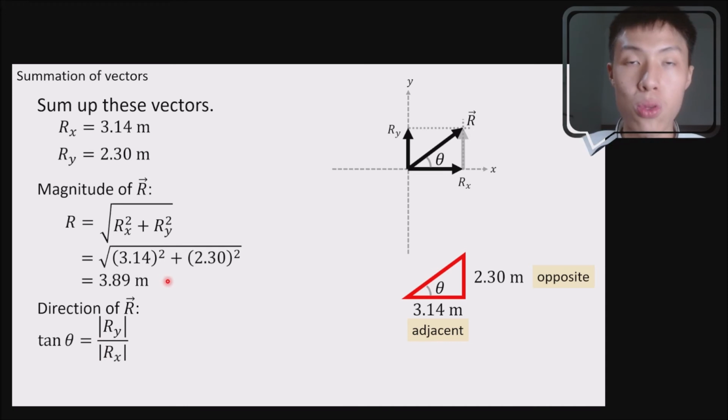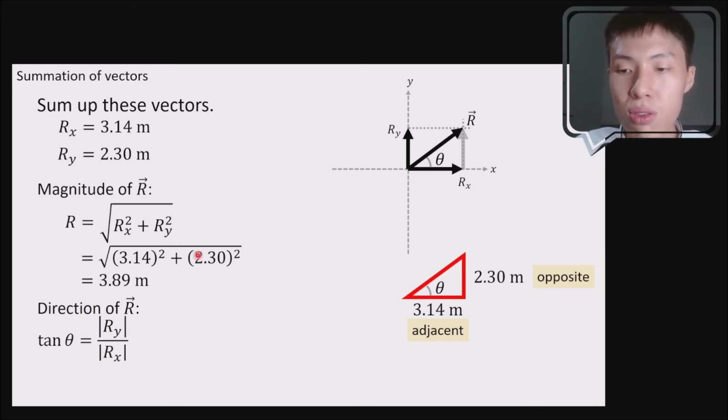So what does a modulus sign do? A modulus sign will remove any negative sign from the values inside here. So if it's a negative value, it will change it to a positive value. If it's a positive value, it won't change anything. Okay, why do I include a modulus sign in here? It's because I want my angle to be a positive angle.